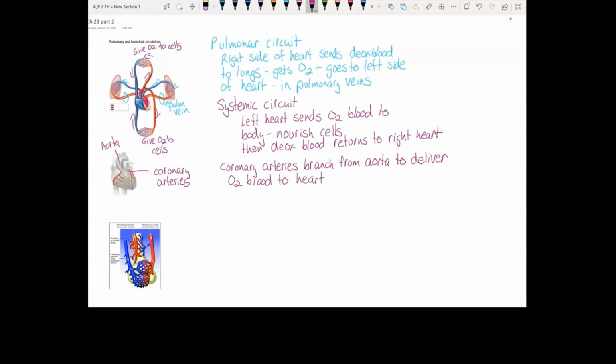So even though the heart is full of blood, it's not being nourished by the blood that's inside of it to get pumped. You have these arteries on the surface of the heart that are nourishing it. And because they're delivering oxygenated blood to cells and they're branching off the aorta, this is part of the systemic circuit.